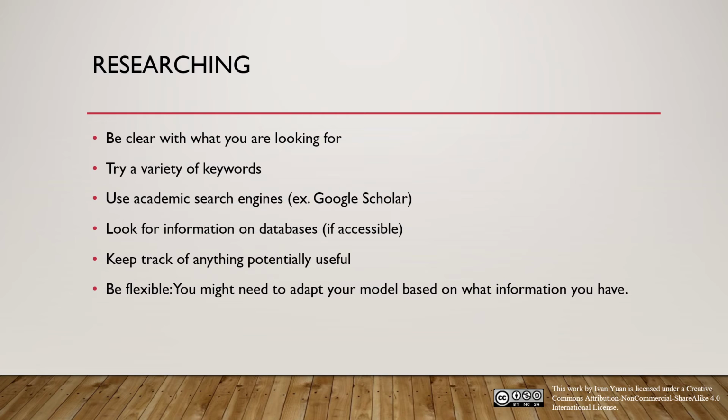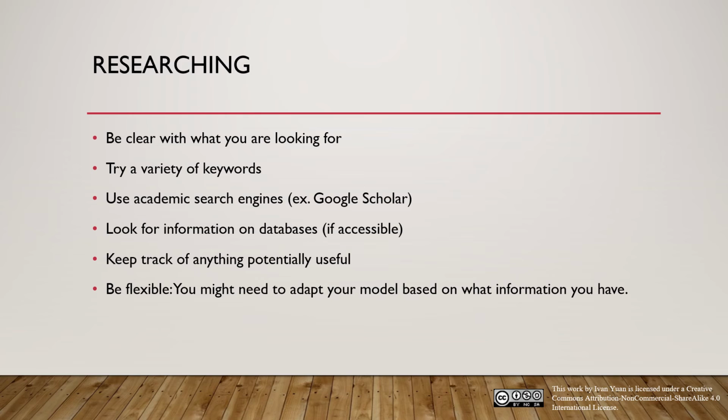Second, you should try a variety of keywords, because in many cases, one keyword will not directly lead you to your results, so you might want to use a lot of different keywords and also maybe look several pages into each search result. Third, it is often helpful to use academic search engines, especially Google Scholar, because they help you find sources that are more professional and more reliable.